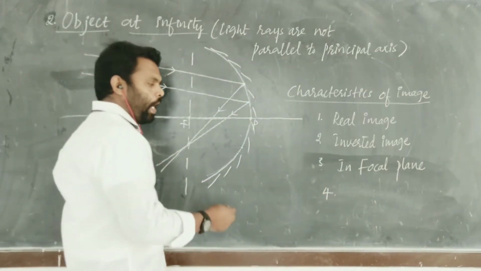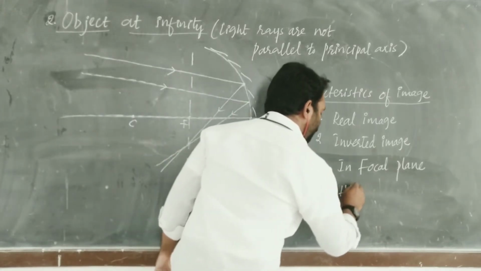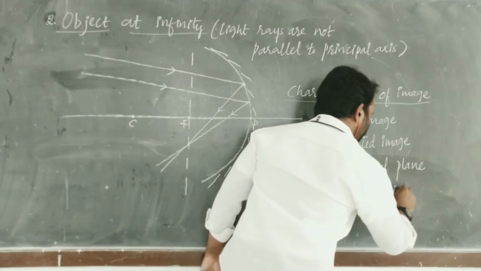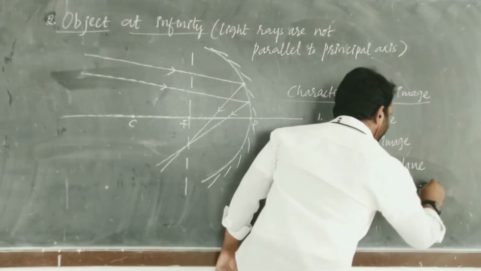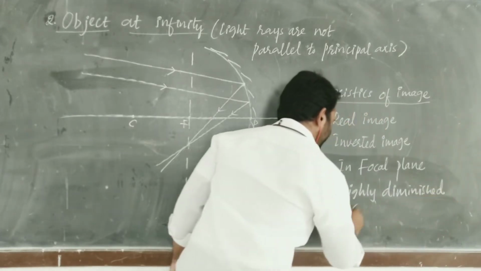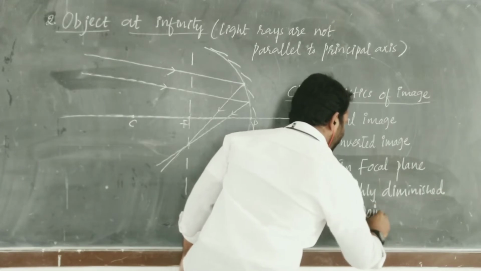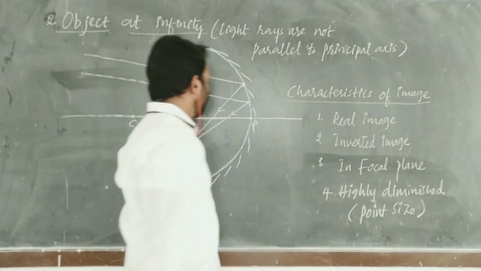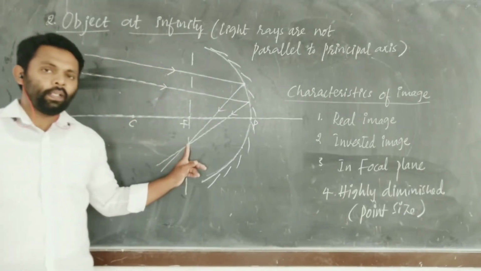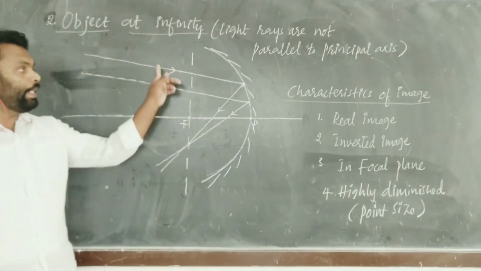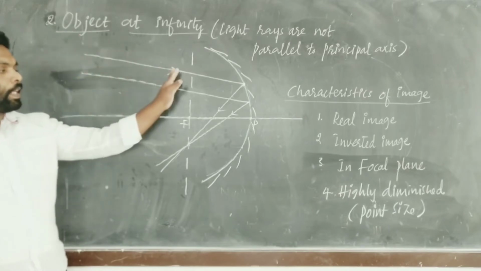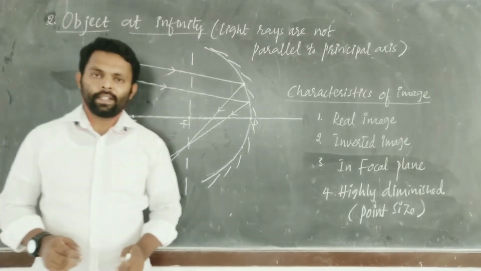Point size means highly diminished. That's nothing but point size. So the image is formed in focal plane when light rays are coming from infinity, because object is at infinity, but they are not parallel to principal axis.